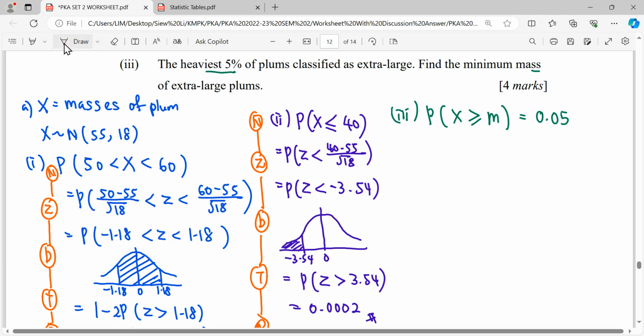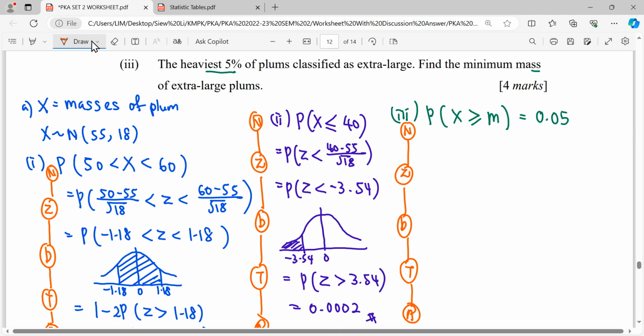So our flow of solving is still the same. Start with normal and then go to Z, draw the graph, find from the table to get the answer. But it is a bit different from before, because in the previous two questions the mass is given. Now mass is not given, probability is given. So we are starting from an equation, with left hand side and right hand side.